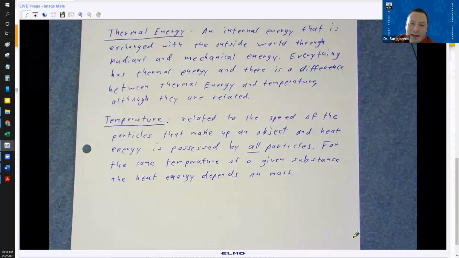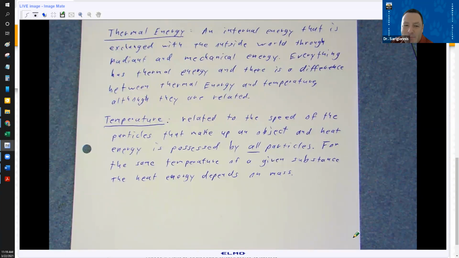There's another definition of temperature that's a little more thermodynamic related, but it basically relates to the speed of the particles, right, the kinetic energy of the particles. So we remember from our study of work and energy that objects in motion have kinetic energy.